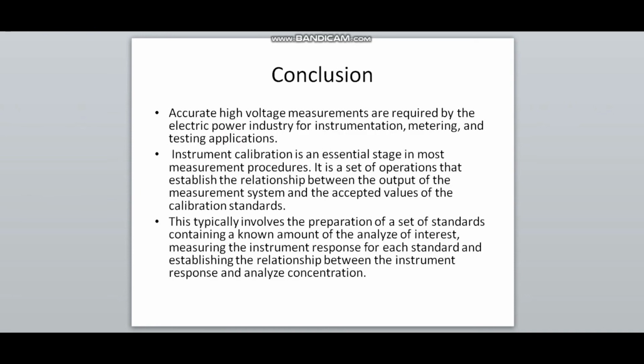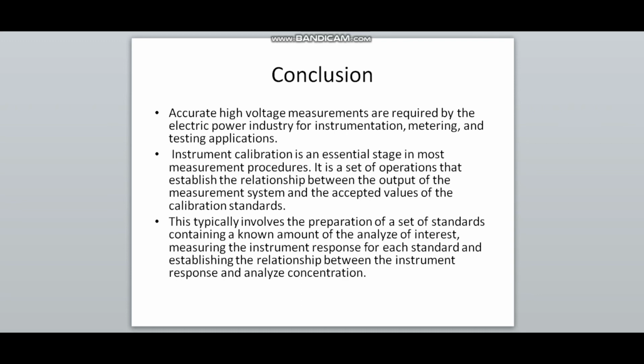In conclusion, accurate high voltage measurements are required by the electric power industry for instrumentation, metering and testing applications. For instrumentation, calibration is an essential stage in most measurement procedures. It is a set of operations that establish the relationship between output measurement and the accepted values of calibration standards.